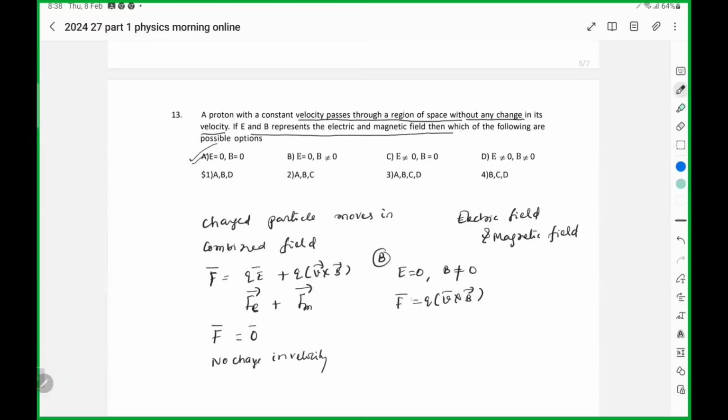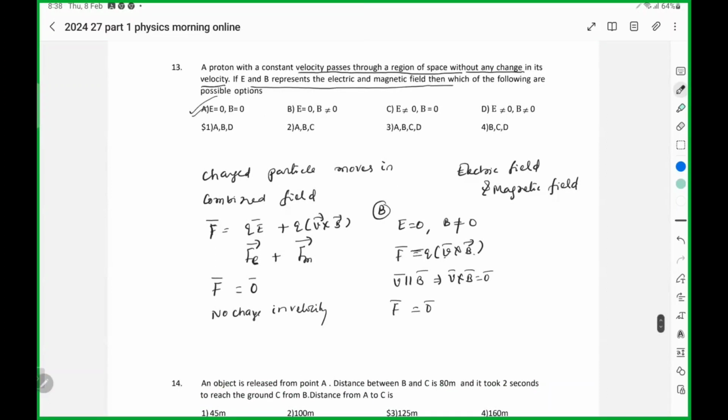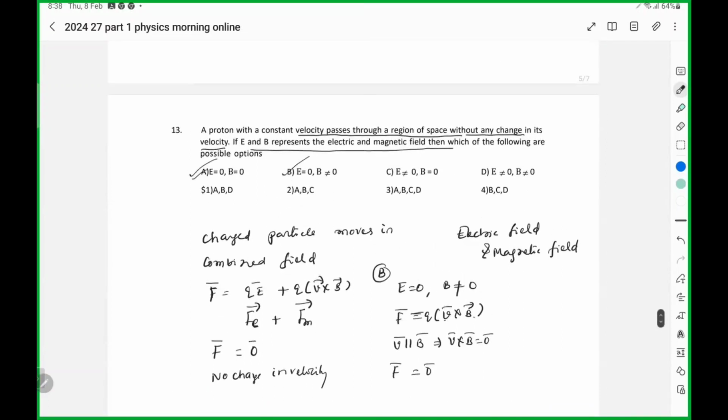This also, if the force is 0, there won't be any effect on the charged particle. When V is parallel to B, V cross B will be 0. The force will be 0, so in this case also there is a possibility that the force is 0, with no change in velocity.